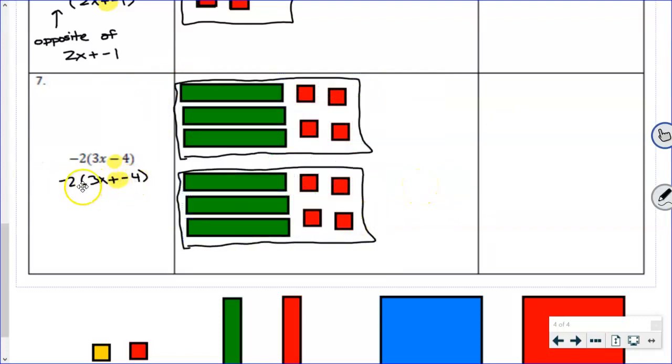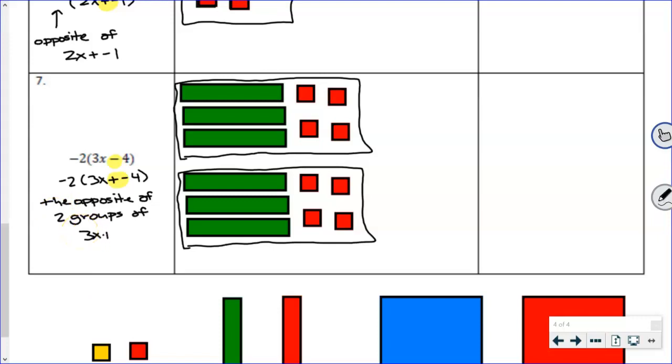Okay, took care of the group, took care of the 2, and now it's time to take care of the opposite, which means I have the opposite of those 2 groups. And I'm going to write that down. This is the opposite of 2 groups of 3x plus a negative 4.